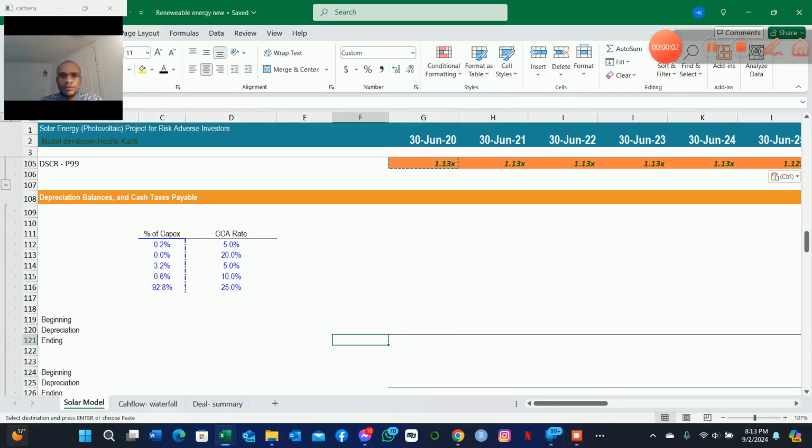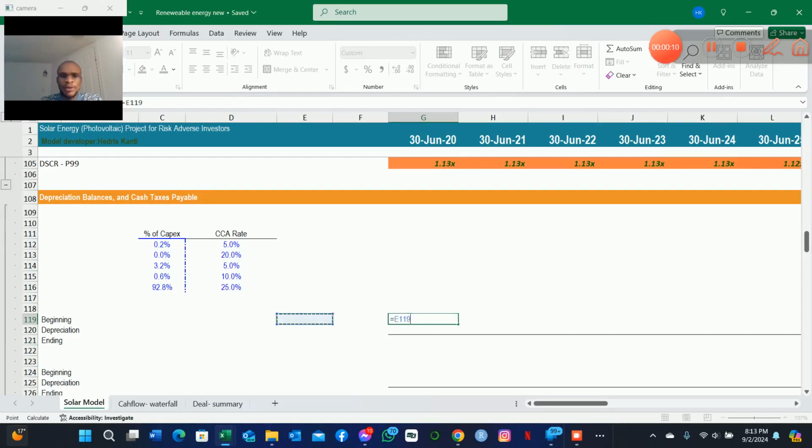So now, to structure our depreciation schedule, we have to account for the opening balances of these capital expenditures. So it's gonna be whatever the percent of capex year is.